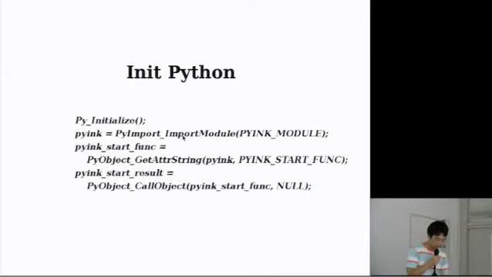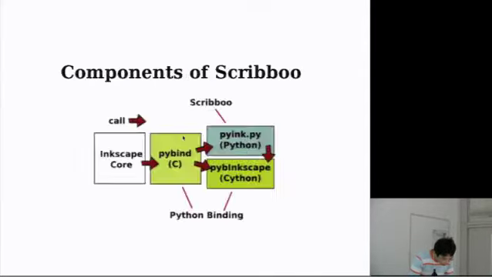It's just pyinc. We import this module and call this Python module directly. And this module will use some API and data structures supported by pybind Inkscape, written in Python.